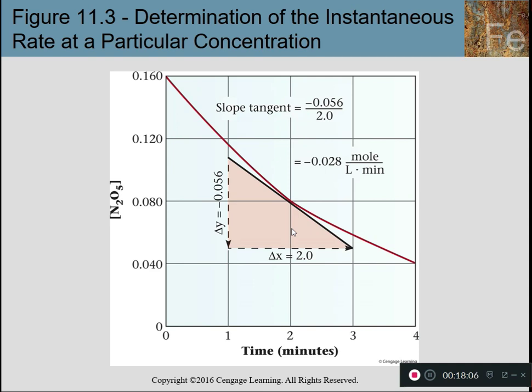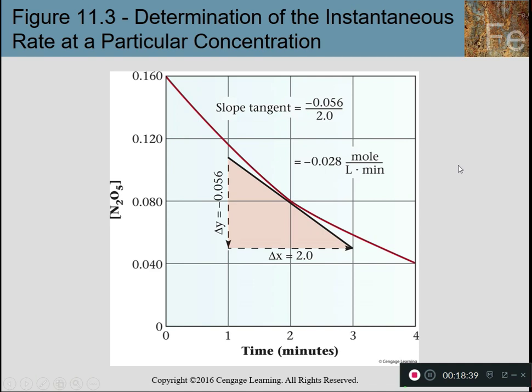The rise was it dropped 0.056 molarities, and the time they used to figure that out was from 1 minute to 3 minutes. So the rate at which it's changing at 2 minutes is 0.028 molarities per minute. And it is negative because it is decreasing. So if you need to know the instantaneous rate, you're going to have to know what the tangent line is at that point on the curve.